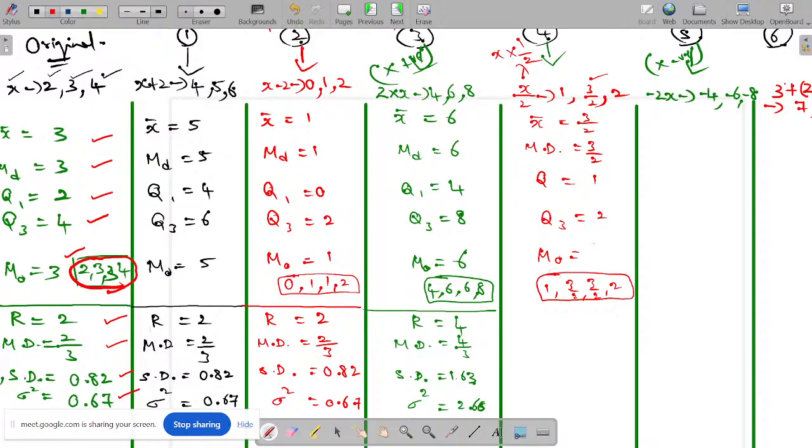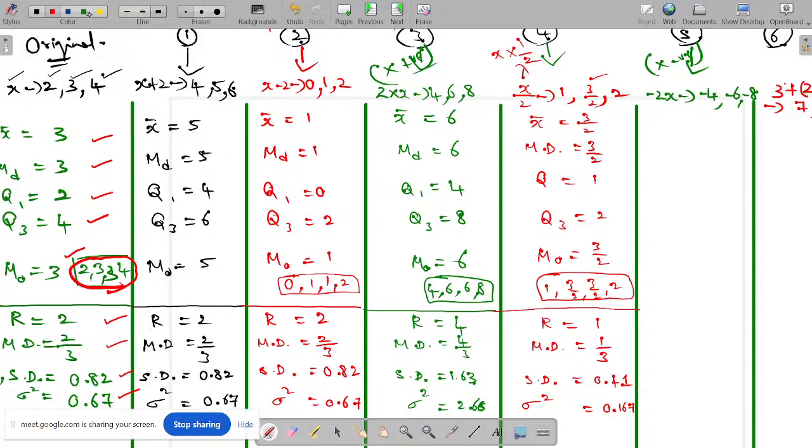So you got this as 3 by 2. Okay. Range, mean deviation 1 by, standard deviation 0.41, sigma square 0.167. Okay.